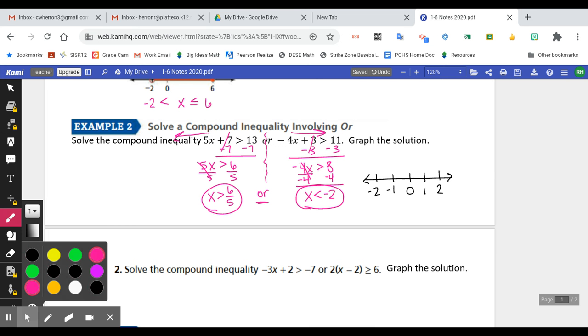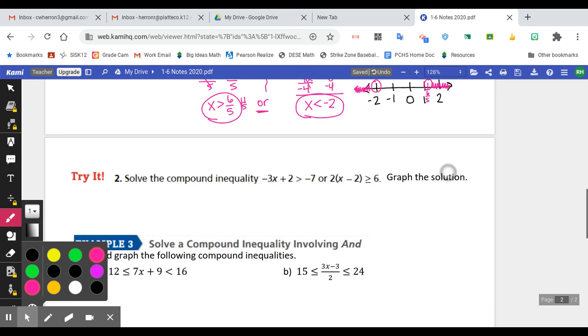Okay. Less than -2 means open and to the left. Greater than 6/5, well, that's like 1 and 1/5. So it's about here, right? I'm going to have an open circle. All right. And it's going to go to the right because it's one way or the other. So that or means both directions.